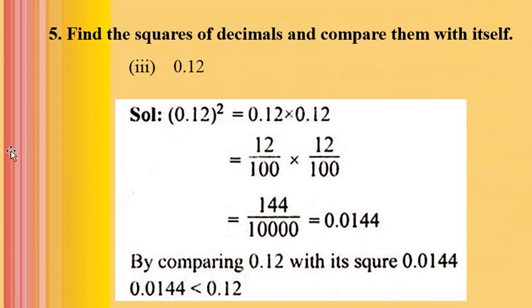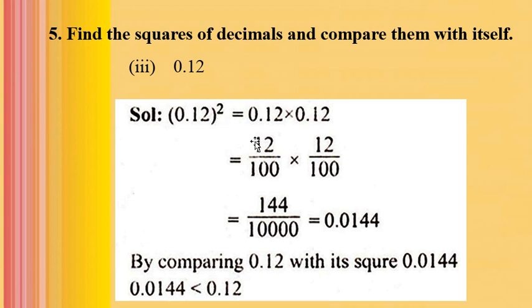Okay, now we are moving to the decimal numbers, and we are going to compare the original or given number with the squares of these numbers. So question number 5 and part number 3 is 0.12. We are going to take the square, so we will write it in the form of an exponent. 0.12 to the power 2, or exponent 2.